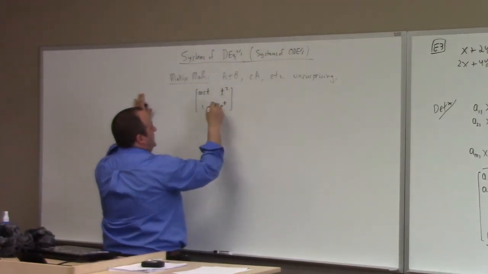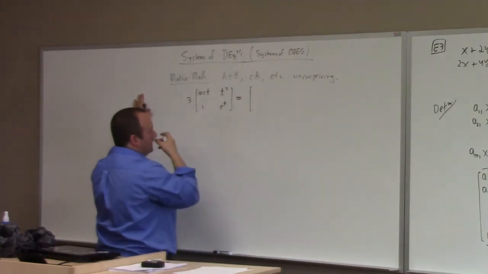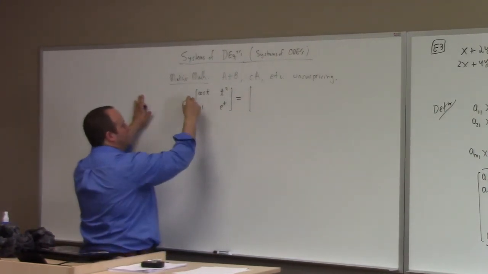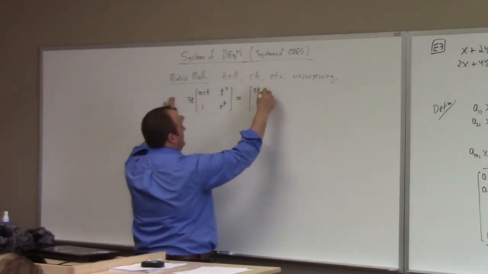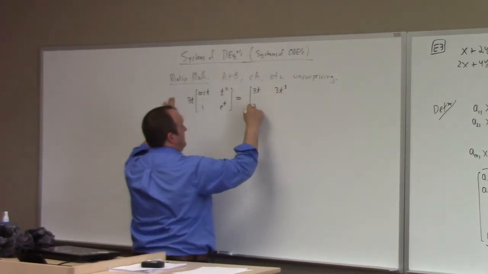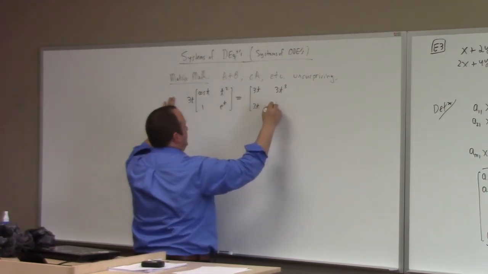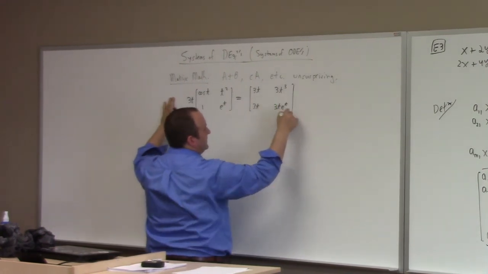And if I multiply this by 3, what do you think that means? Oh, heck, let's multiply by 3t. What that means is you multiply everything, each component, by the same thing. So it works just like multiplying vectors times numbers, right? You multiply the number times every component in the vector.